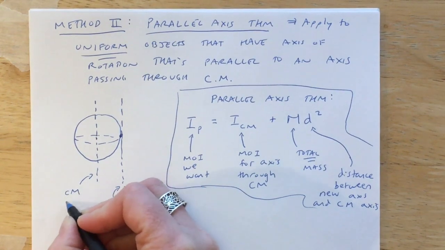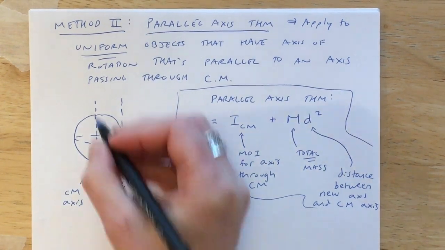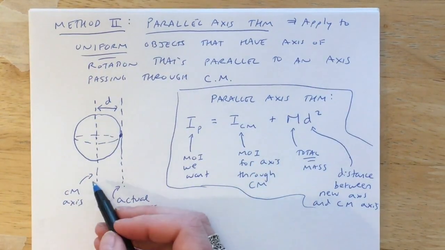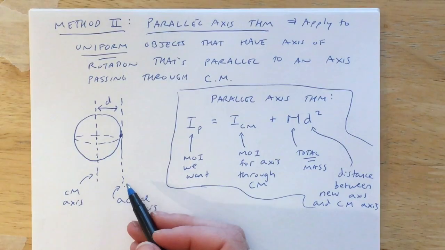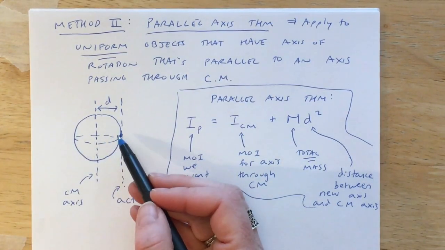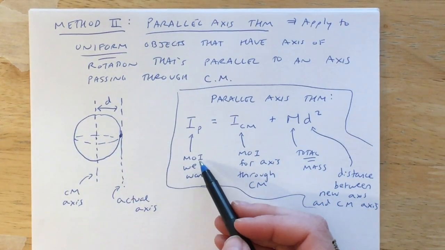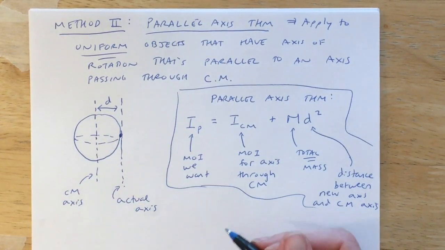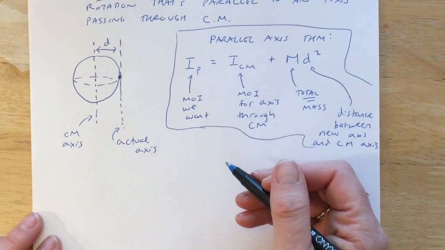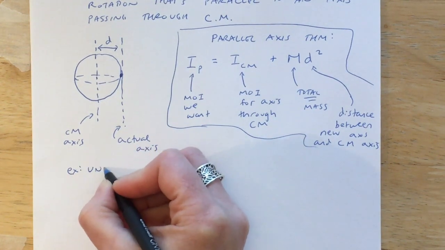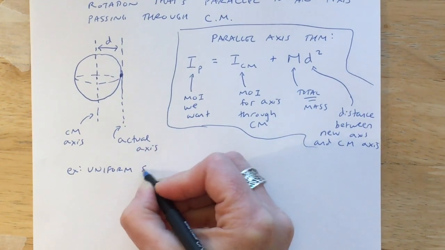So that would be the center of mass axis. And so d here is the distance between the center of mass axis and the actual axis. So if we knew the moment of inertia for the axis through the center of mass, then we could easily get the moment of inertia for when the axis is shifted by some distance d. So in this case, let's say the example is that it's a uniform solid sphere.